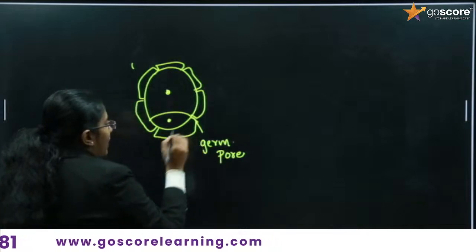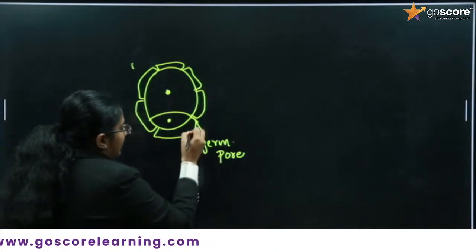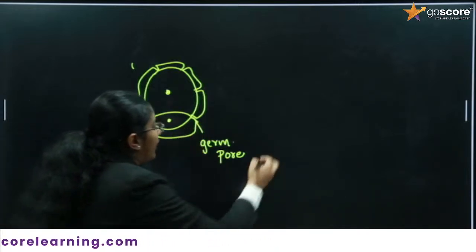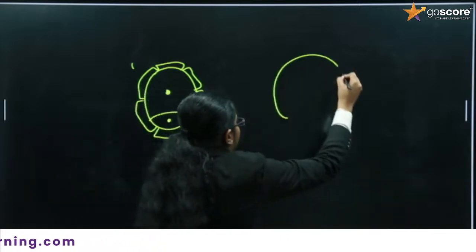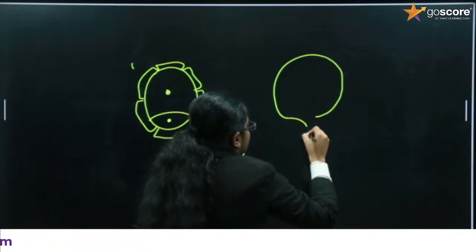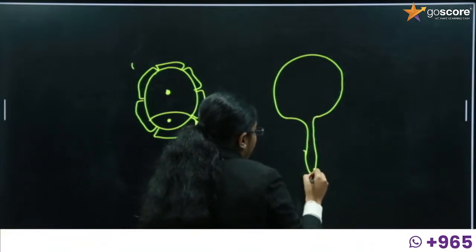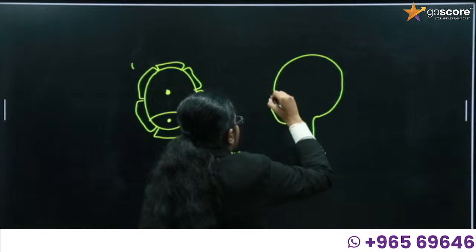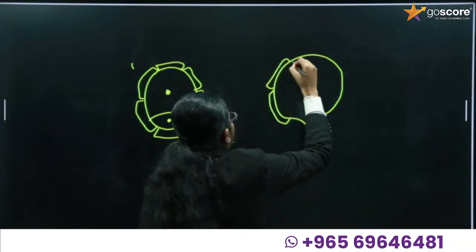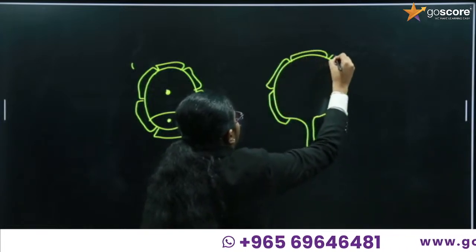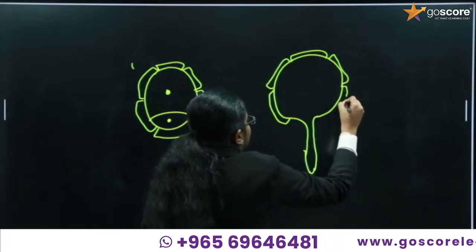During pollination, what happens at the germ pore? The pollen tube will be formed through the germ pore.